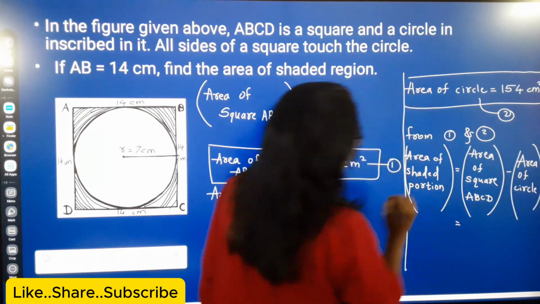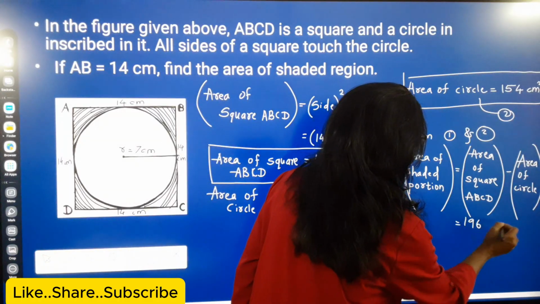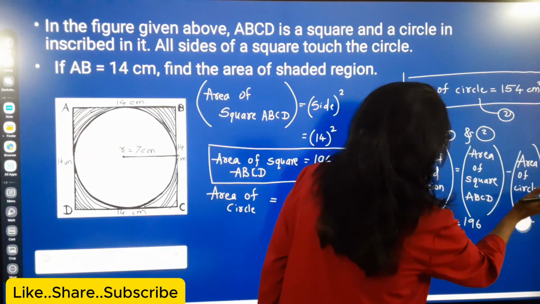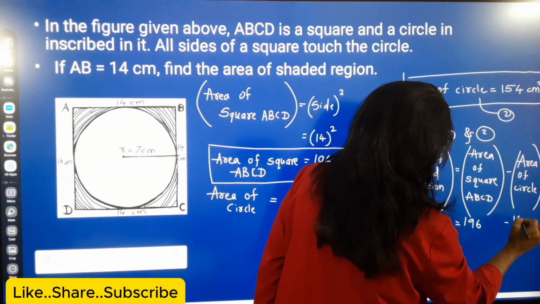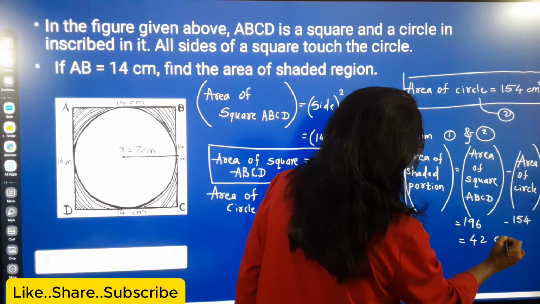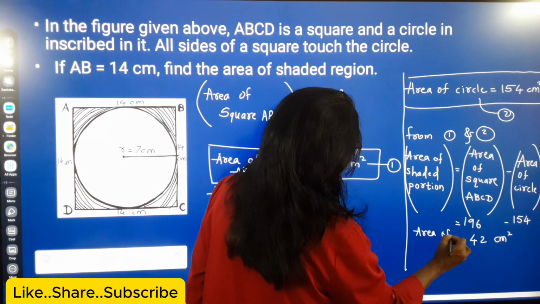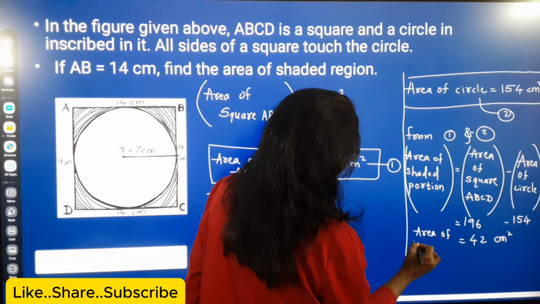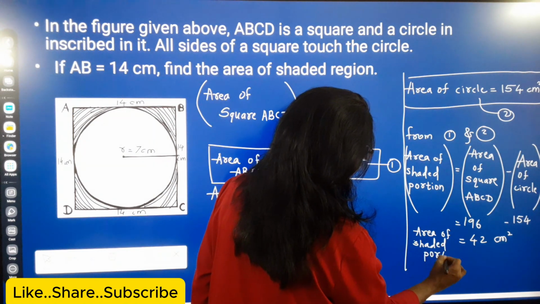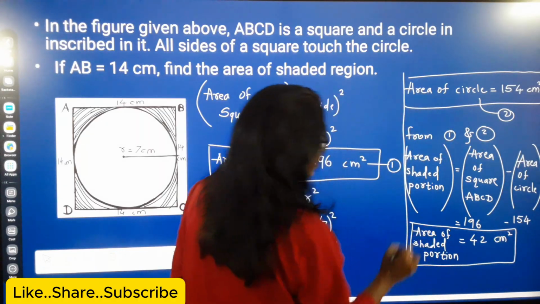That means the area of square ABCD is 196, and the area of circle is 154. So 196 minus 154 is equal to 42 square centimeter. So the area of shaded portion is equal to 42 square centimeter.